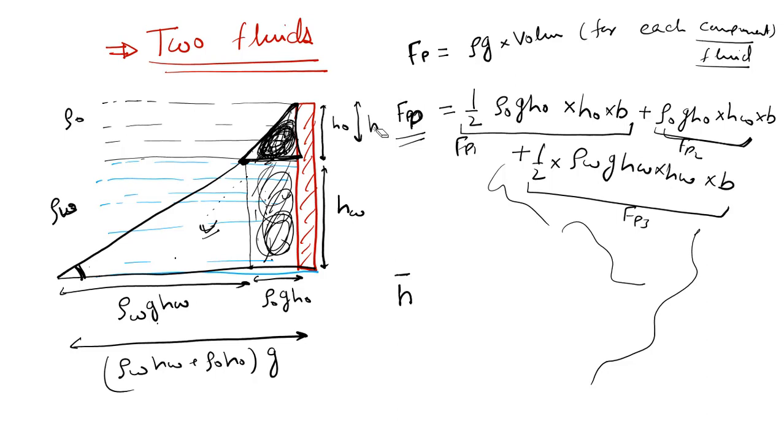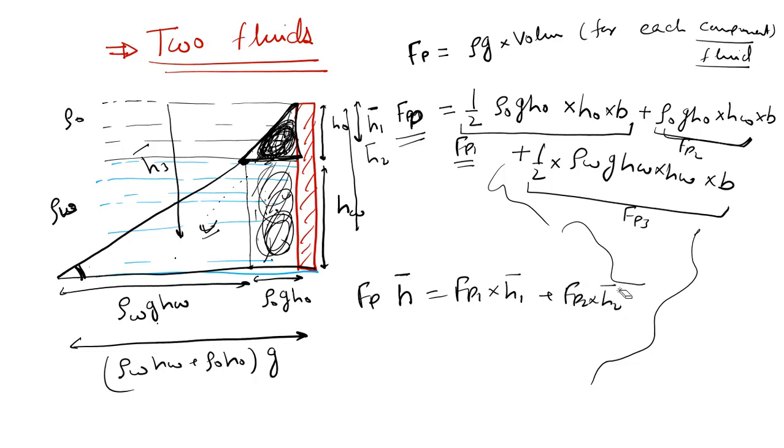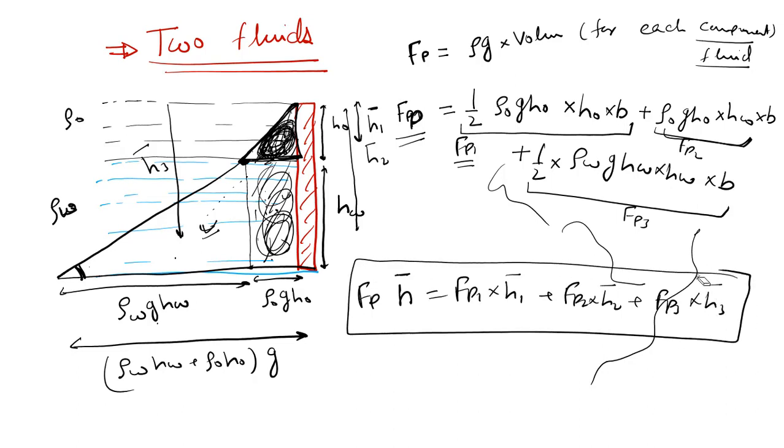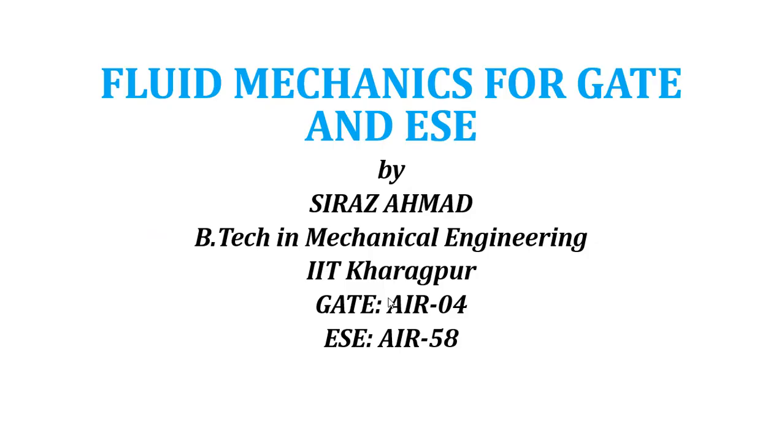Let us suppose for this it is h1 bar, this third component will be h2 bar from the free surface, and this component will be h3 bar. And this force we have calculated. So Fp into h bar equals Fp1 into h1 bar plus Fp2 into h2 bar plus Fp3 into h3 bar. This will give me the center of pressure for this combined case of the two fluids. Okay, my friends.